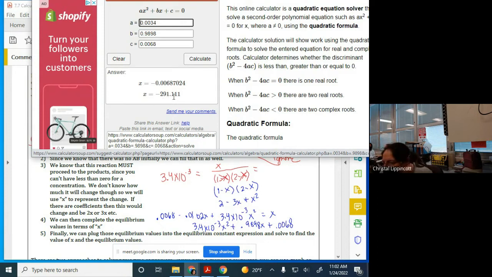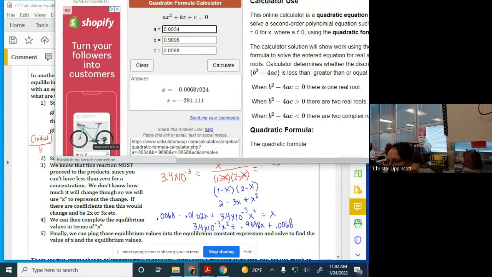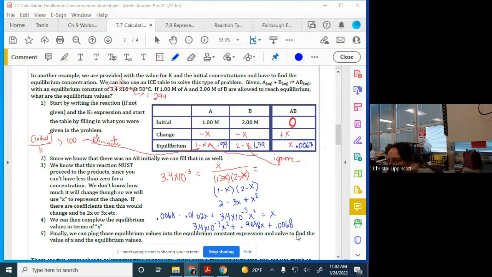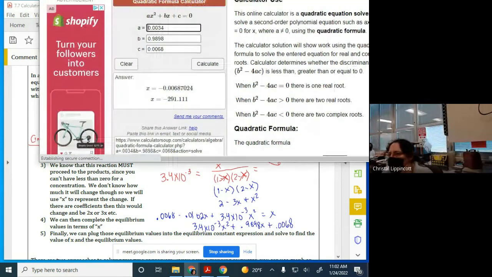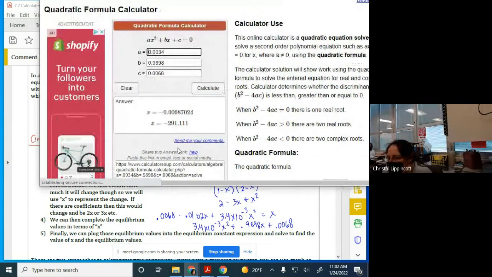Now, how do I know that this isn't a valid answer? Well, if I were to take negative 291 from this, I didn't have that amount. So one of these answers, when you solve for the quadratic, isn't going to make any kind of sense at all.